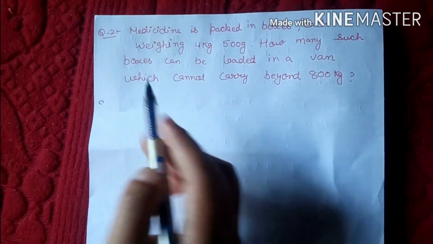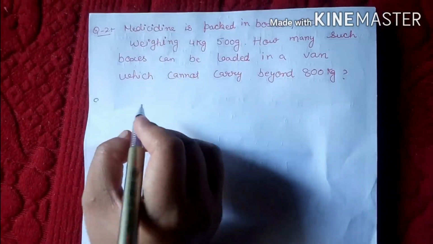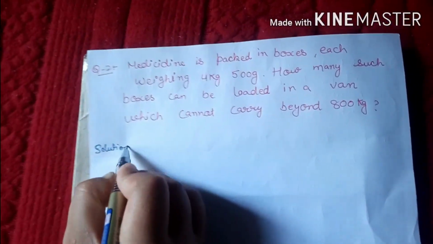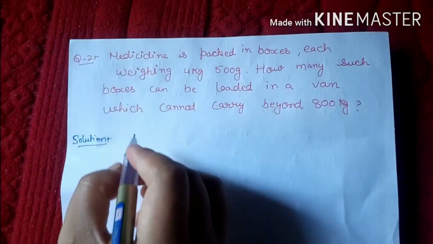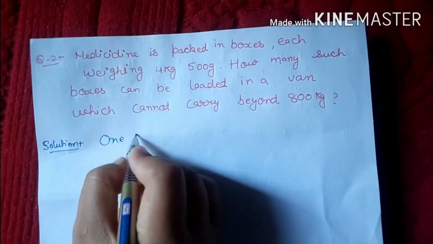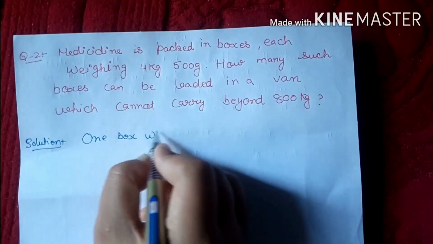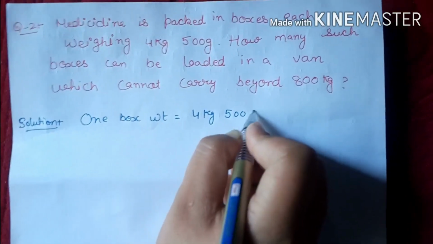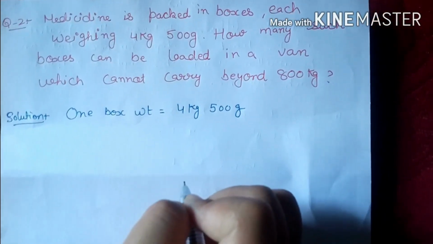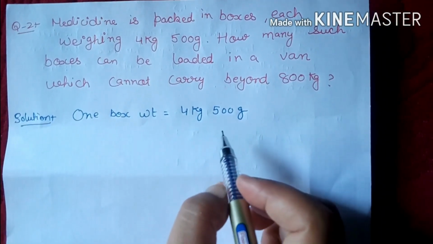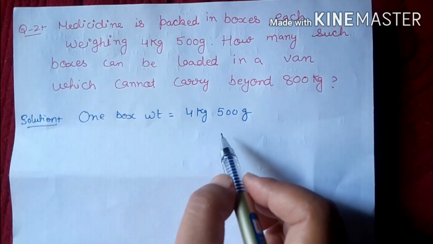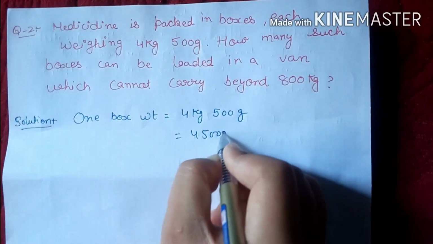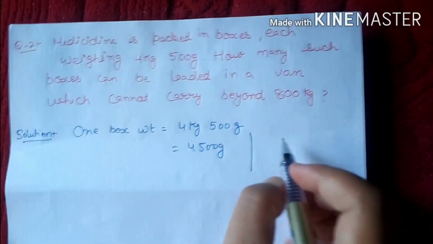So for that, we'll start the solution. In the solution, it is given that one box weighs 4 kilogram and 500 gram. We'll convert it into one unit, grams, that is 4500 gram. You know students how it has been converted?